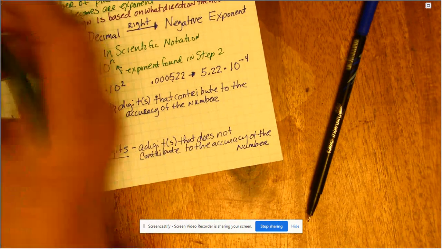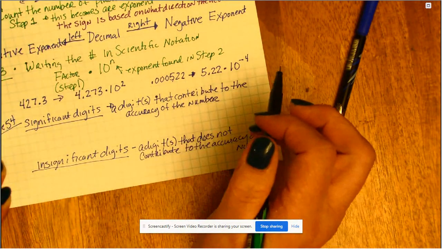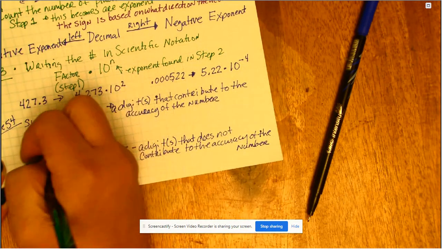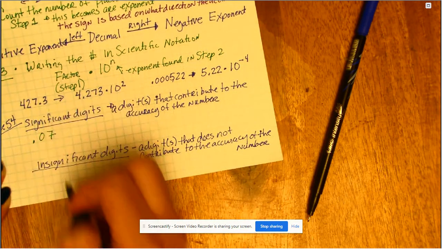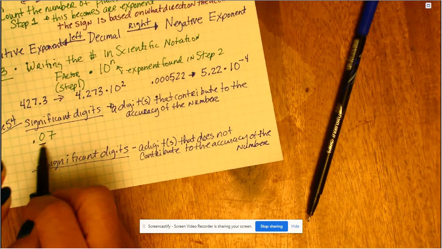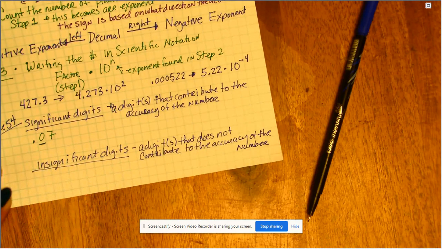So some examples for significant digits. If I have 0.07, right, this 0 is significant. By the way, when we talk about significant and insignificant digits, we're only talking about zeros. Every other number is significant. So you can't get rid of 1s, 2s, 3s, 4s, 5s, 6s, 7s, 8s, or 9s. So we're talking about zeros, okay?